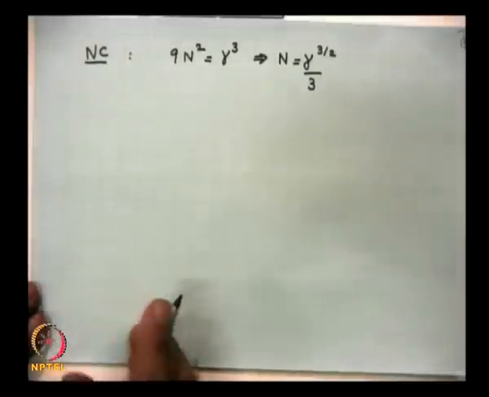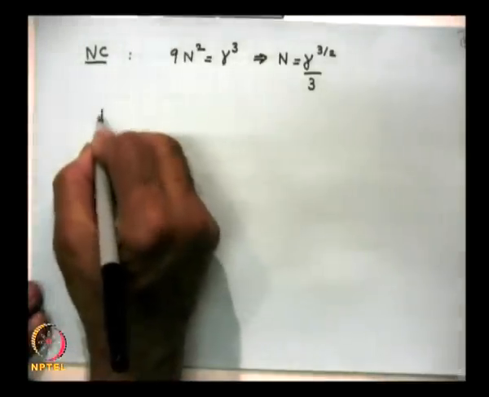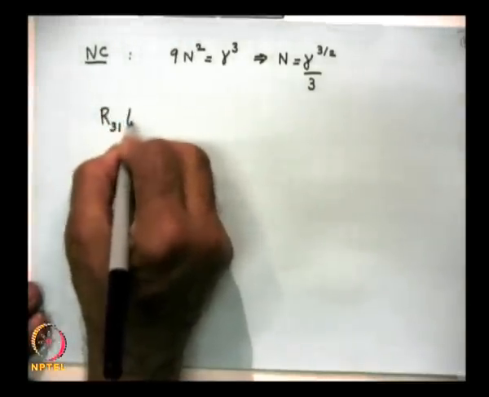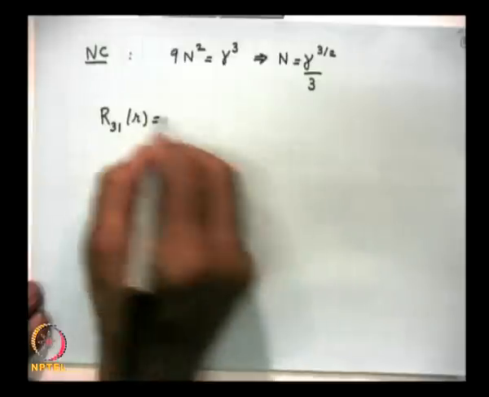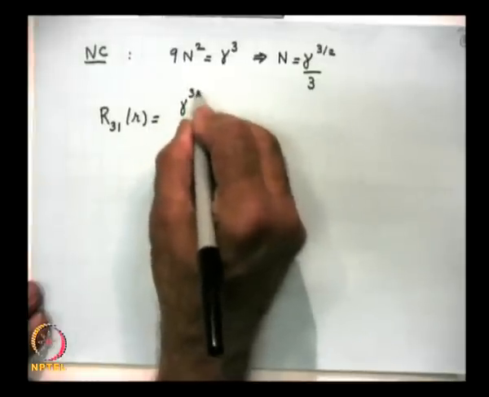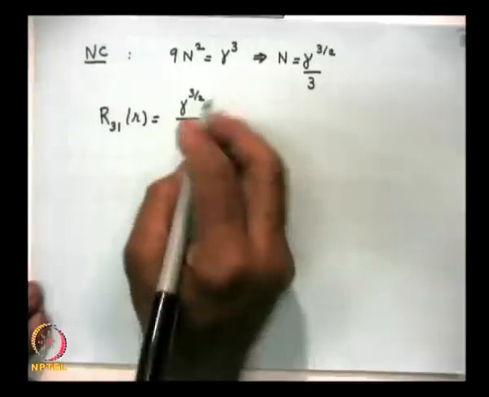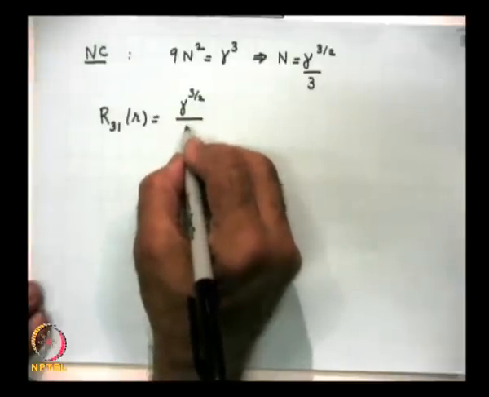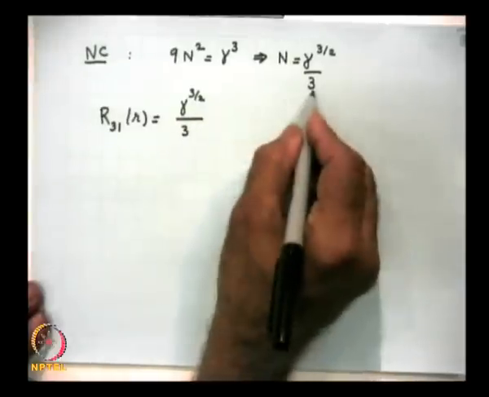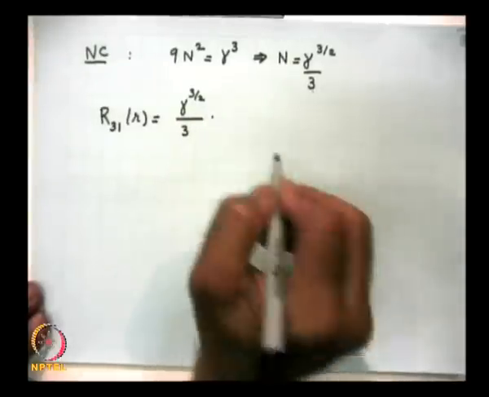Now, there is one more thing that I would like to mention, that R31 of r, as I had written, was n is gamma raised to the power of 3 by 2 divided by 3, this is this factor, multiplied by rho.